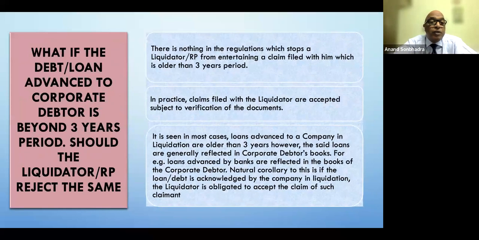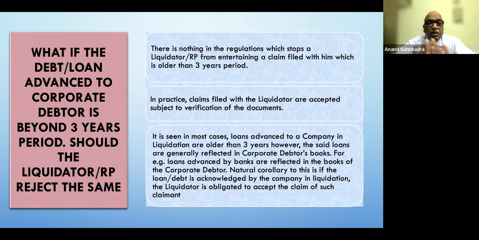Say, what if the debt, loan or advance to the corporate debtor is beyond a 3-year period? Should the liquidator or RP reject the same? Now, the dichotomy or the issue that comes to us is that there's nothing in the regulation which stops a liquidator or RP from entertaining a claim which is older than 3 years. And in fact, most of the time, a claim which is verifiable is accepted.